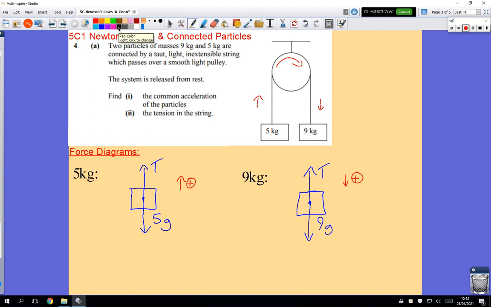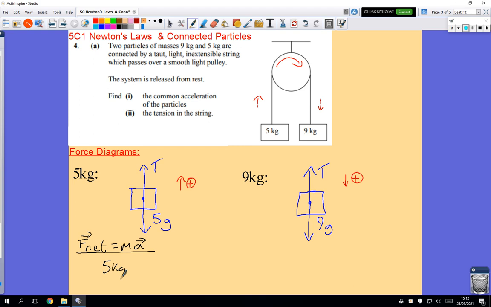From these force diagrams, we're going to develop two force equations based on Newton's second law, which says F net equals ma. So the net force is mass times acceleration. If this is an up positive system, I'm going to look at the 5 kilogram mass first.